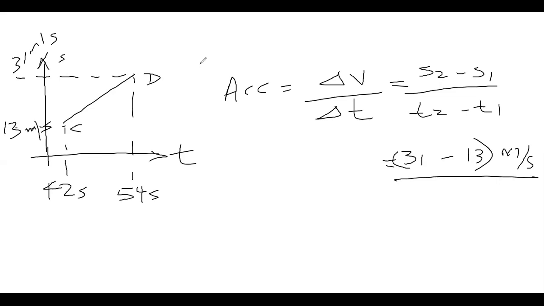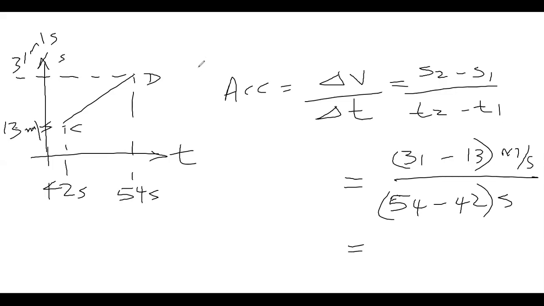over 54 minus 42 seconds. So we're going to work on that, which is 31 minus 13 divided by open brackets 54 minus 42 close brackets.